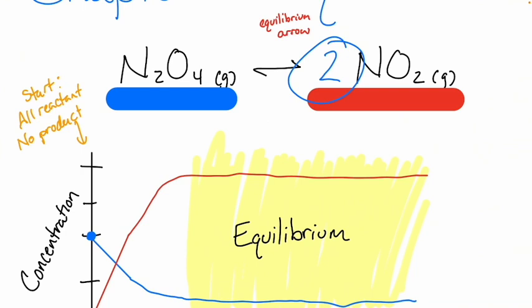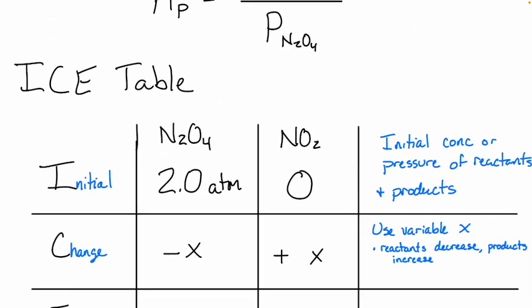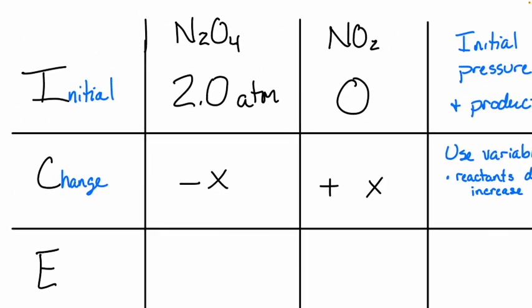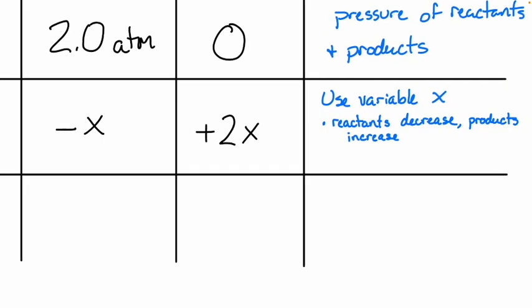We have to account for that in our ICE table as well. So my product side isn't just going to increase by X, it's going to increase by 2X, right? For every 1 molecule of reactant that I consume, I produce 2 molecules of product. So we're going to include that stoichiometric coefficient.